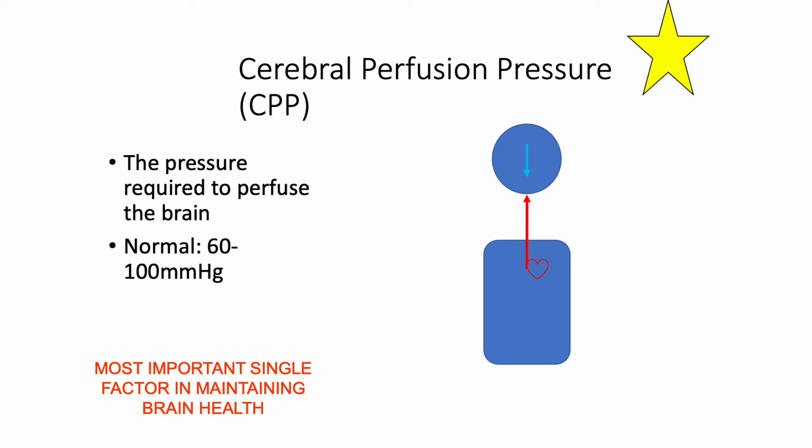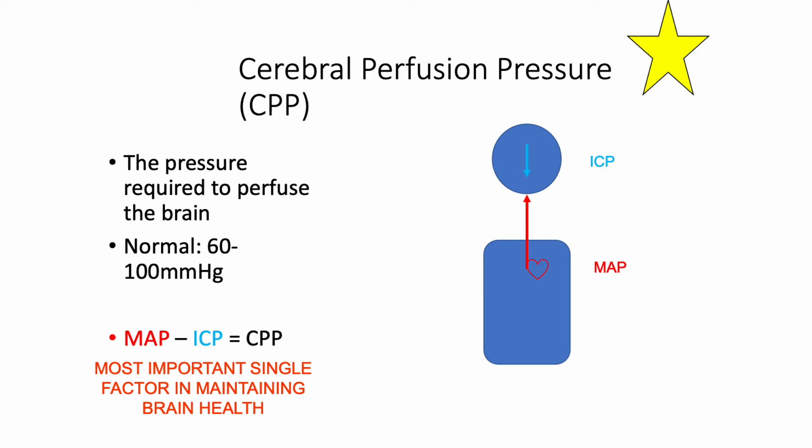Well, basically, we take the amount of pressure being delivered to the brain and subtract the amount of pressure in the brain, or that pressure that is essentially pushing back. So the amount of pressure being delivered to the brain is going to be that mean pressure perfusing our tissues, so our mean arterial pressure. Now the pressure pushing back against our MAP is the pressure in our skulls, or the ICP, the intracranial pressure. Now think about this.